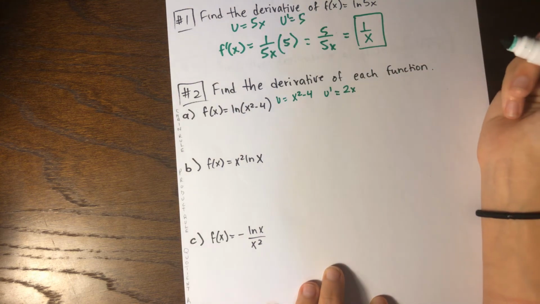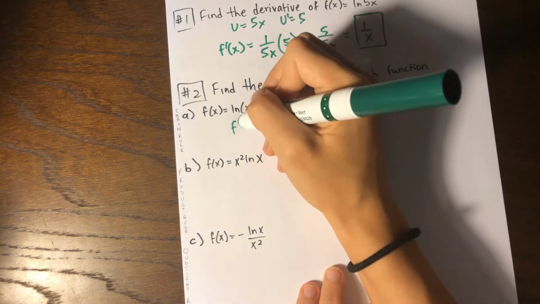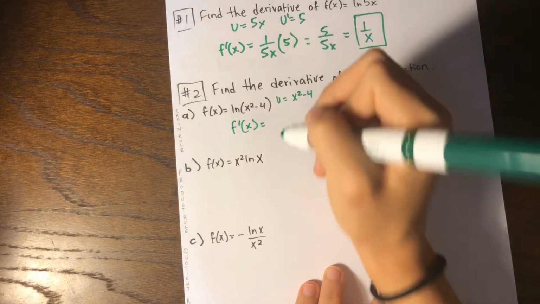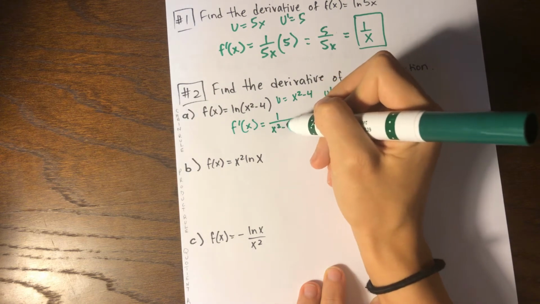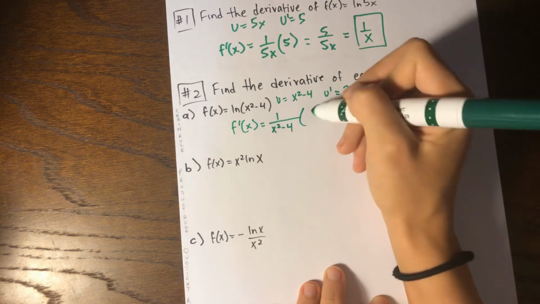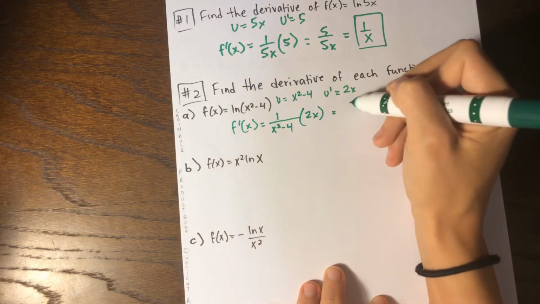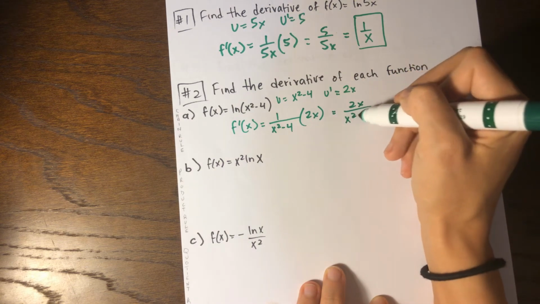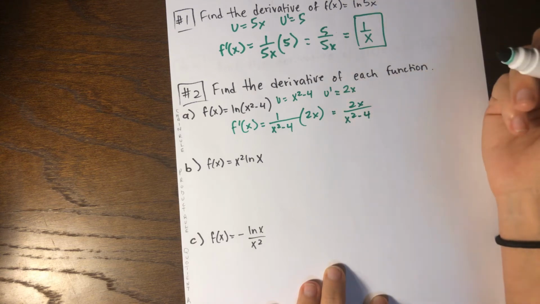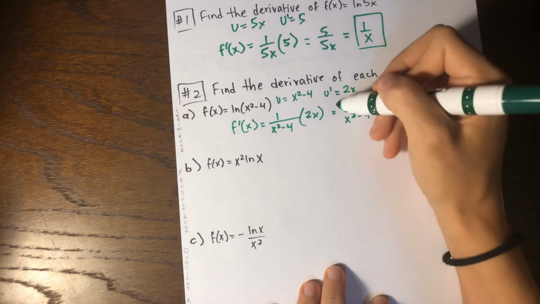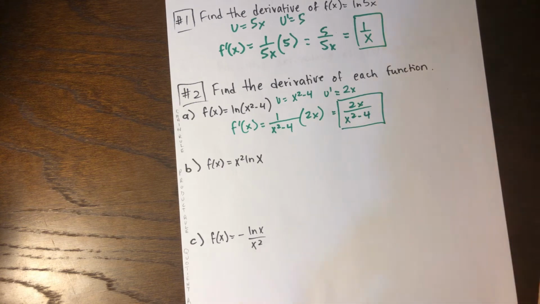The derivative of the function is 1 over u, 1 over x squared minus 4, times the derivative, 2x. When I multiply these, I get 2x over x squared minus 4. Can I simplify this? No, so we're just going to leave this as our derivative.